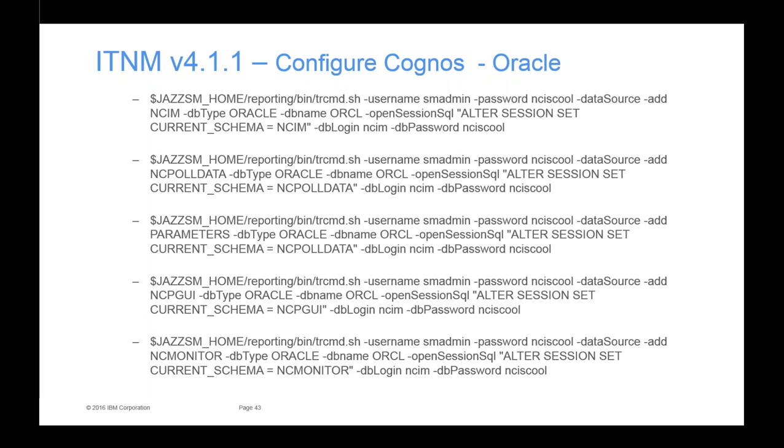Okay, once you've got the BIRT reports configured, then you can configure the Cognos reports. These are the sample commands to use. Not a whole lot of explaining to do. Just basically what you need to understand is that the syntax is important here. If you don't get this right, there's typically not an error.